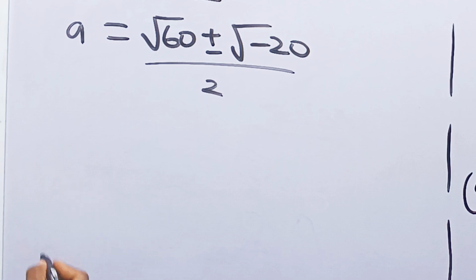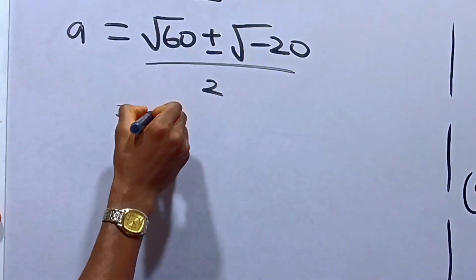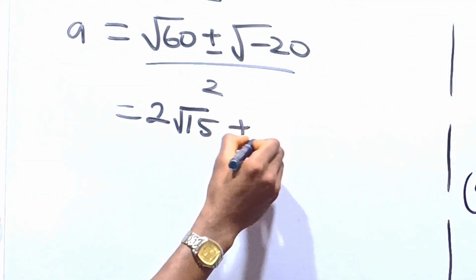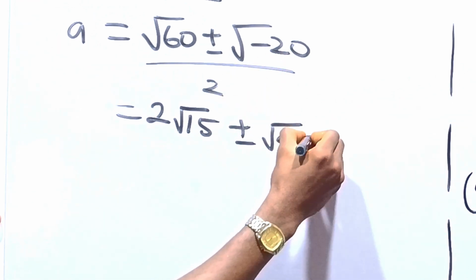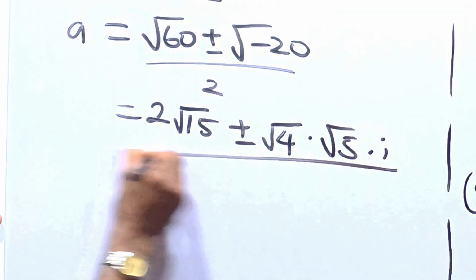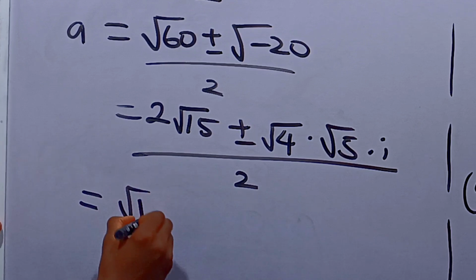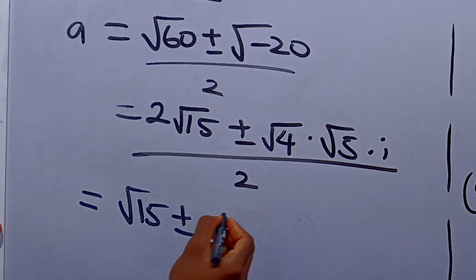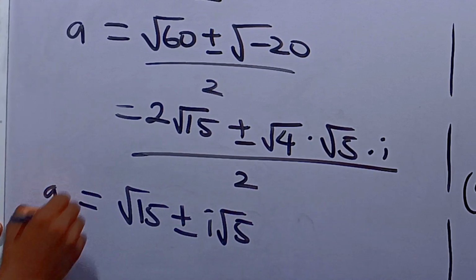Now from here, root 60 can be re-expressed as 2 root 15, plus or minus the square root of 4 multiplied by root 5 multiplied by i, all over 2. This becomes equal to 2 root 15 divided by 2, which is root 15, plus or minus root of 4 is 2, 2 divided by 2 is 1, 1 times i root 5 is i root 5. And this is equal to our a.